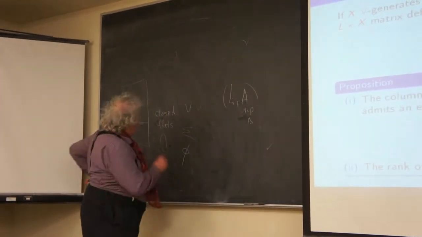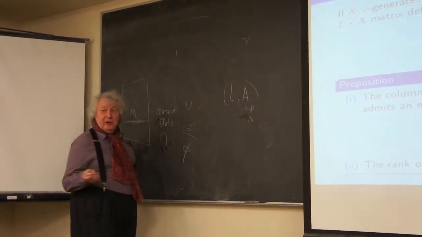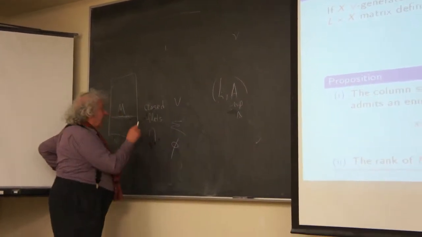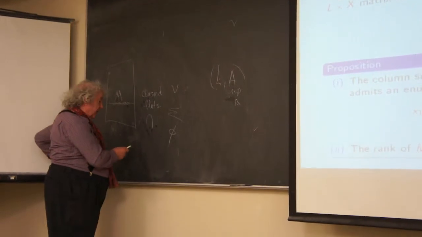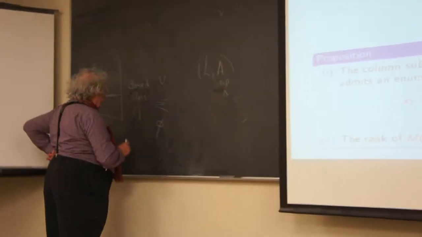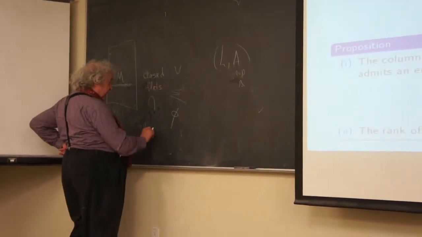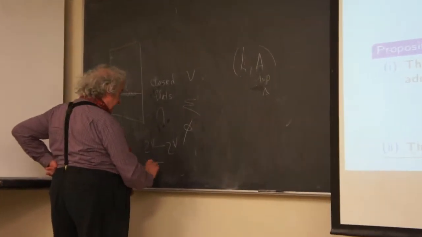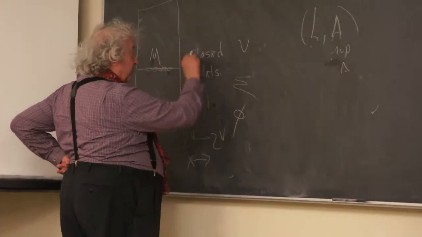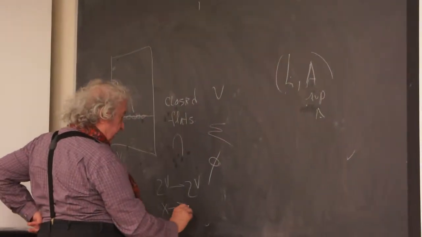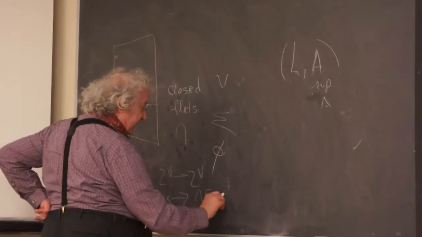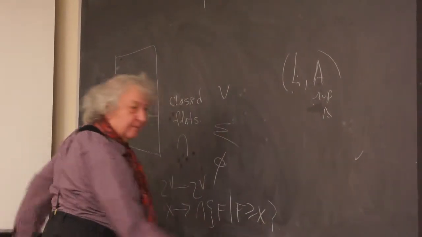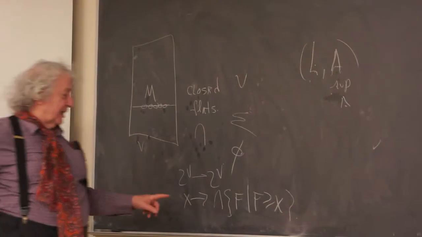Now, also, how many people here know what a closure operator is? Okay, fewer. Given a bunch of closed sets, you get a map on 2 to the V. You send the set X to, so here are the flats, you intersect the set of all flats F such that F contains X. That's how you get a closure.